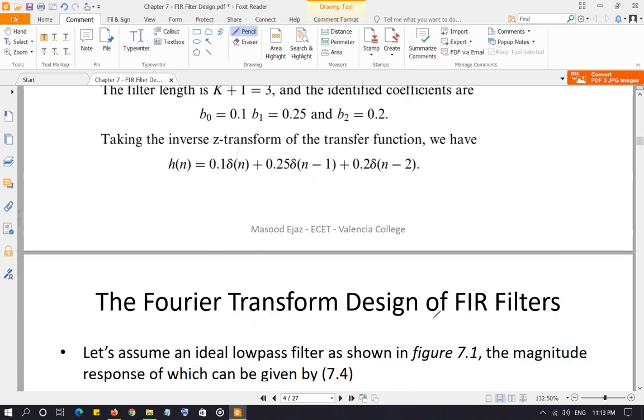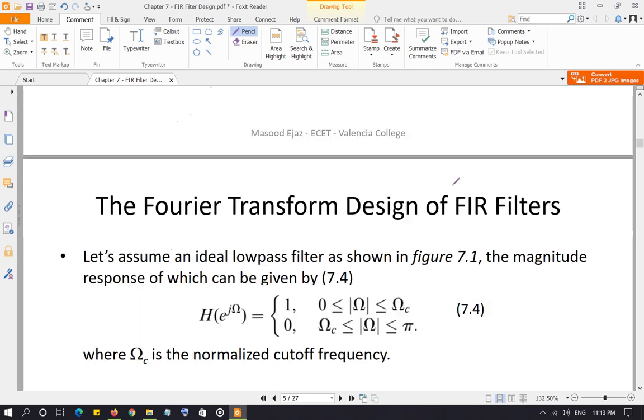So it has only three values because it's a finite impulse response system. It has value at n equal to 0, n equal to 1, and n equal to 2: 0.1, 0.25, and 0.2 respectively.